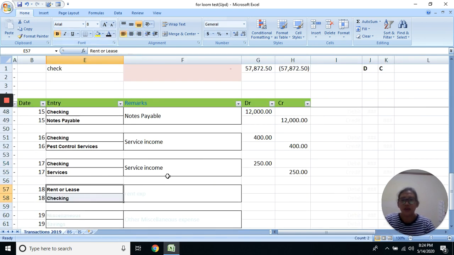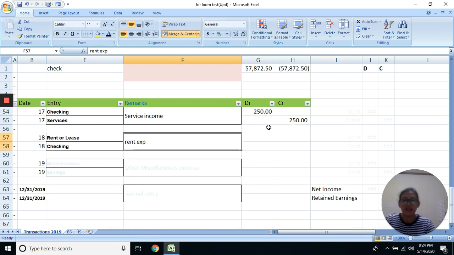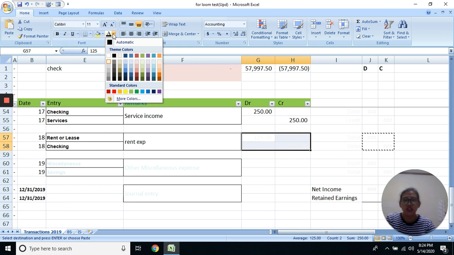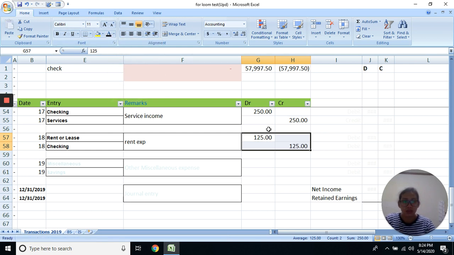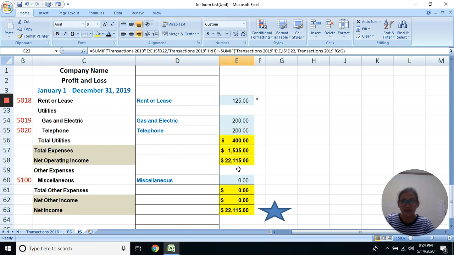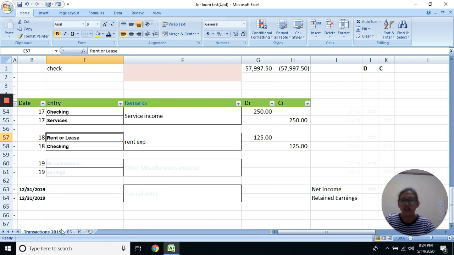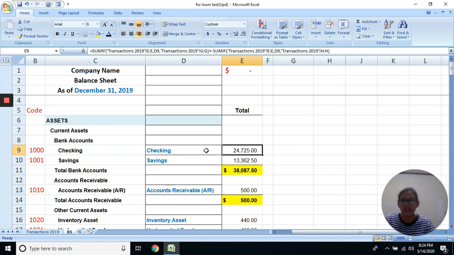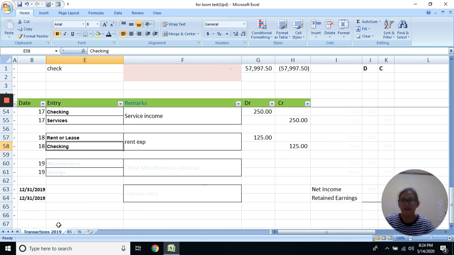Next, we incurred a rent expense of 125, which we pay through our checking account. So the rent expense increases by 125, and our checking account decreases by 125.